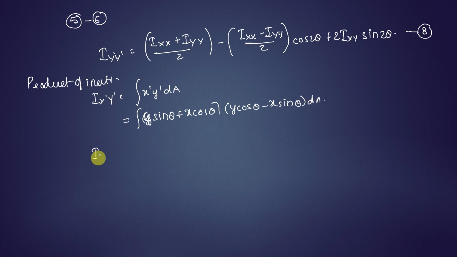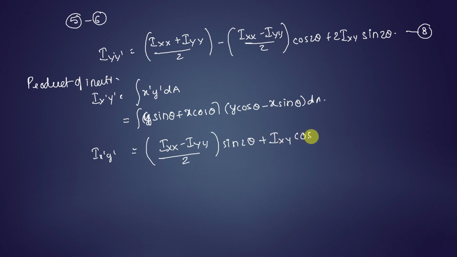You have to separate the terms and simplify, the same process. Finally we get Ixx minus Iyy by 2 into sin 2 theta plus Ixy cos 2 theta. Take it as equation number 9. After simplifying it is very easy, you have to multiply the terms and expand.